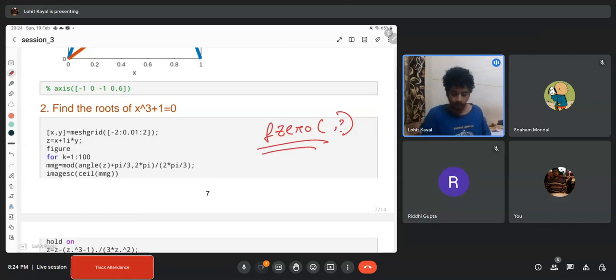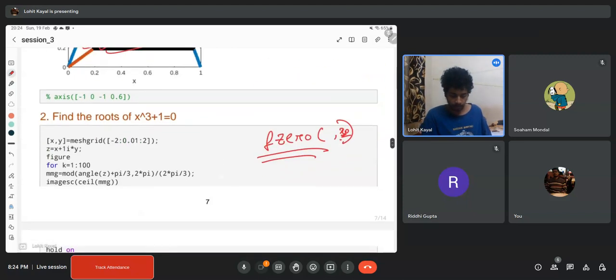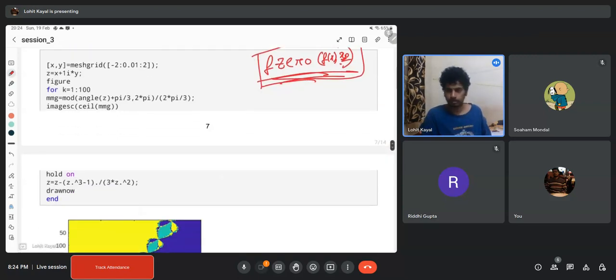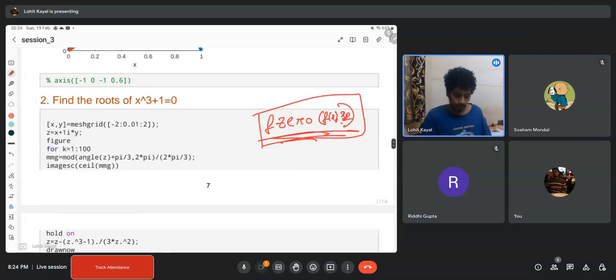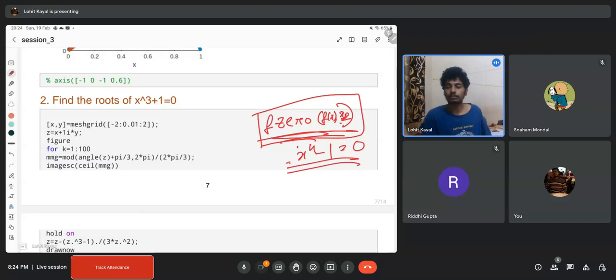There I have to provide my initial guess and the function corresponding to that f(x). Then fsolve will work just like the Newton-Raphson method. There we encountered one problem, to find the solution of x to the power 4 minus 1 equal to 0. So we tried to solve that problem.